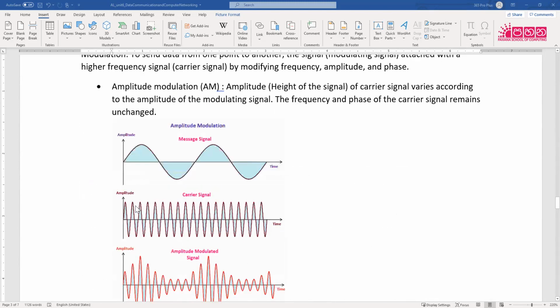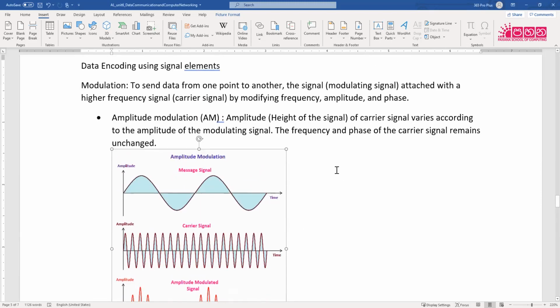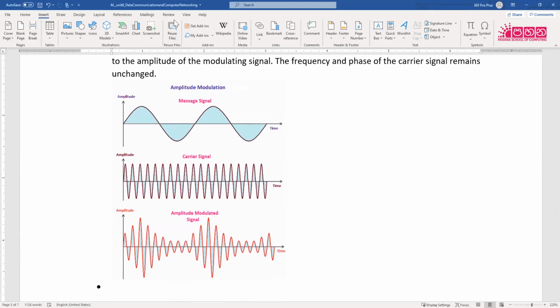So what we have just discussed is amplitude modulation. Now, if you talk about the advantages of this, why amplitude modulation? It's easy. Let's take down the advantages.